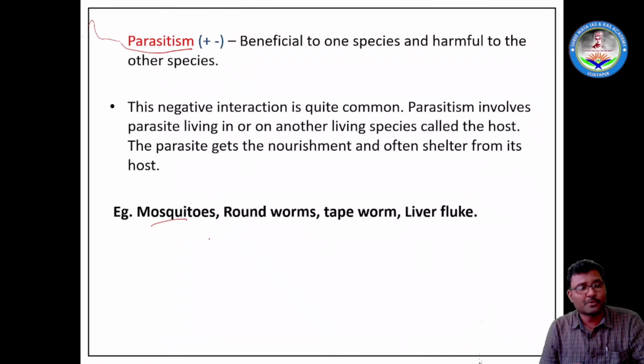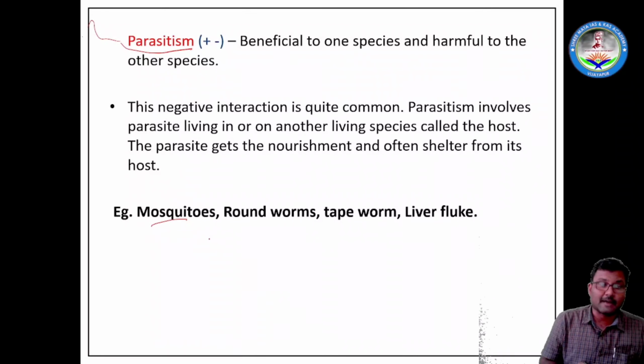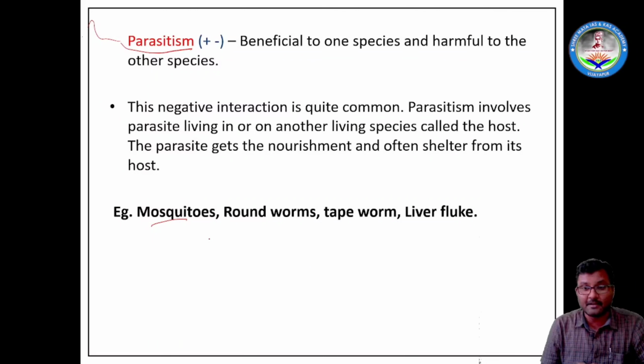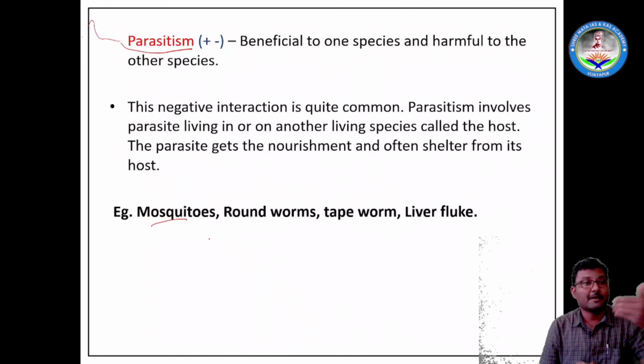Some scientists say there is one more category in parasitism, that is mesoparasitism. It means some parasites take birth outside the body, then enter and take shelter and nutrients.